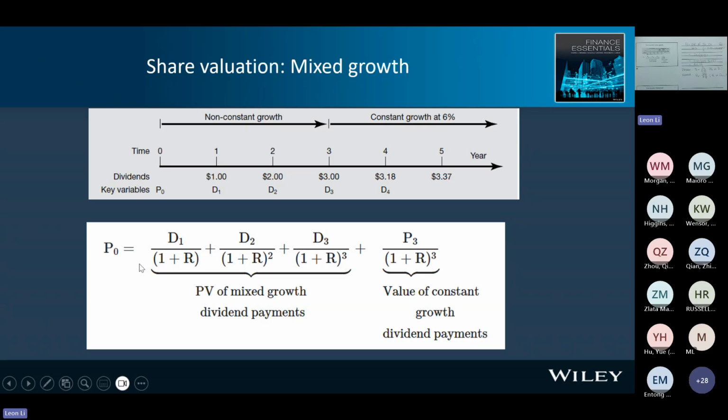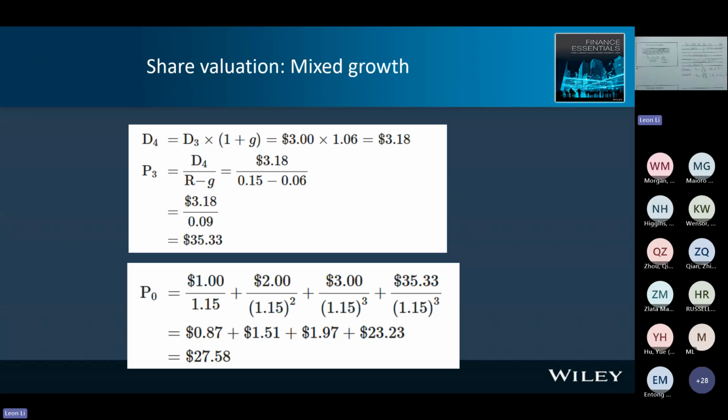Then adding up, this is our P0. Let me give you the numbers. Our dividend growth rate G is 6%. Required return is 15%, or 0.15. Then we have P3, this is our P3, and this is our P0.